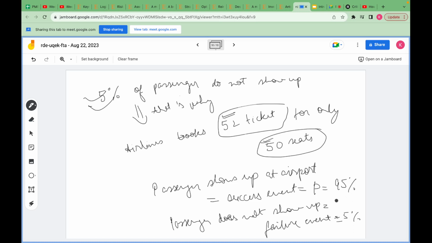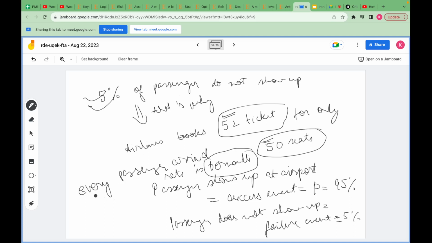So every passenger's arrival is distributed according to the Bernoulli distribution, where the success rate is 95% and the failure rate is 5%.